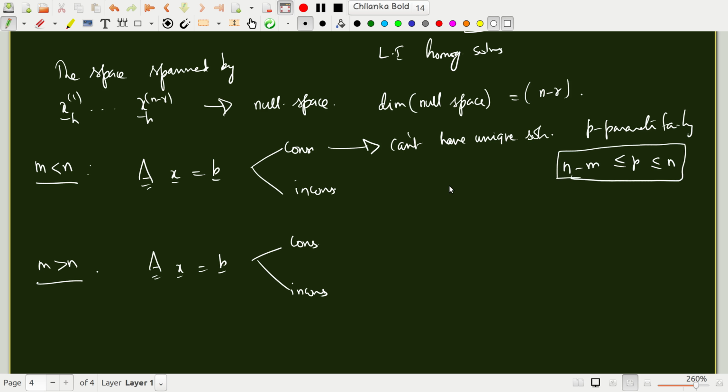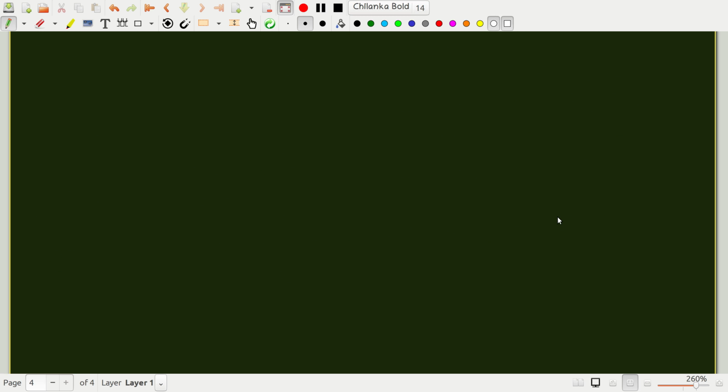And if m is greater than n, again there is a possibility of a unique solution and a p parameter family of solutions. And here p is between 1 and n. Now we'll come to some special cases.